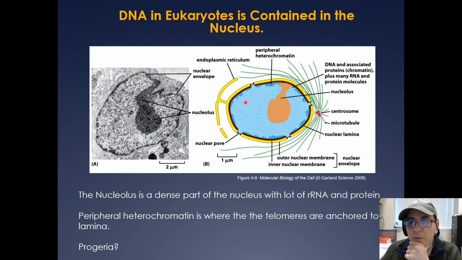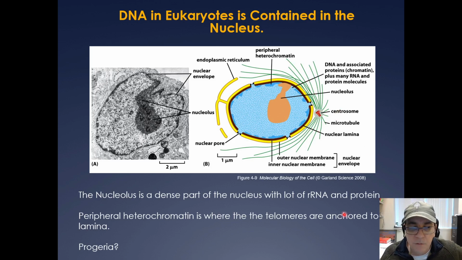Okay, but this light blue shaded area right here is all considered euchromatic DNA, and that's where most of the genes are, as well as other things. And then on the outside, you have your centrosome coming off, with the microtubules coming off this centrosome.